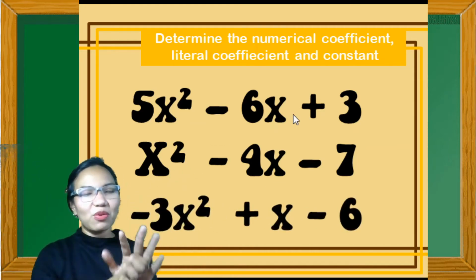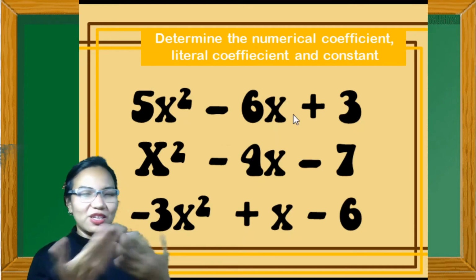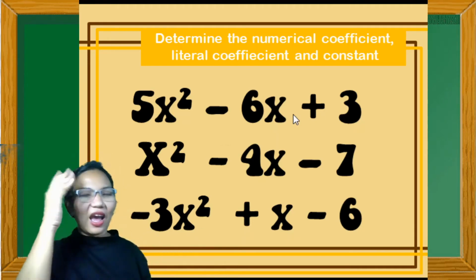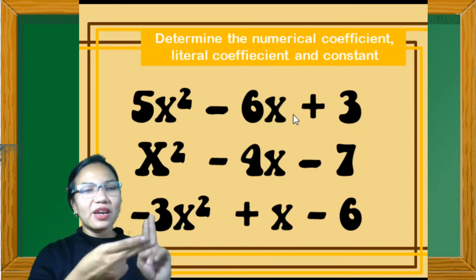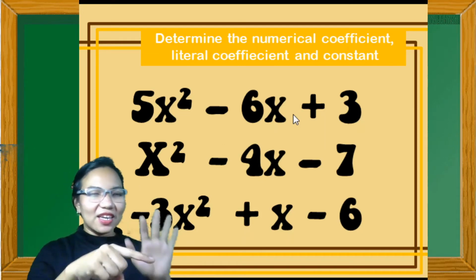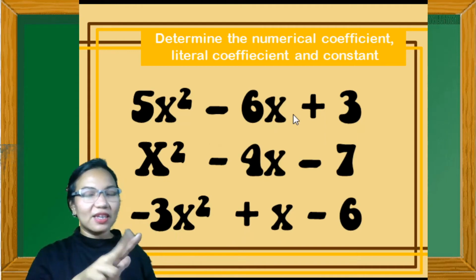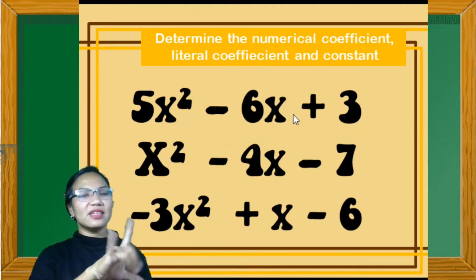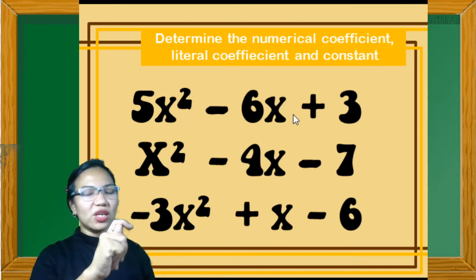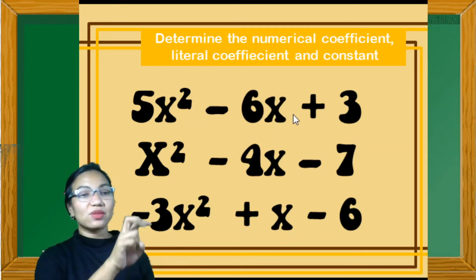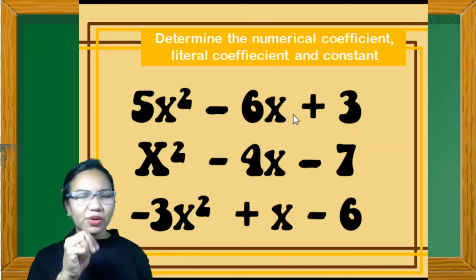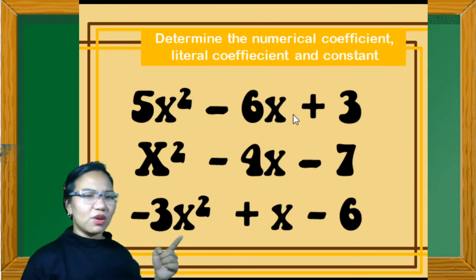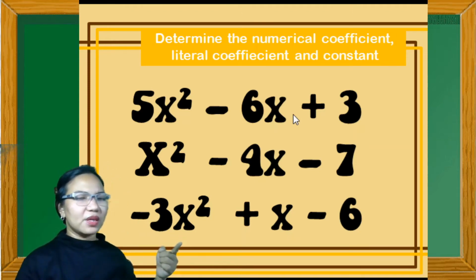So third example. This is easier for you now, I believe. We have numerical coefficient negative 3, then its literal coefficient, it's x squared. Now, second term, positive x.